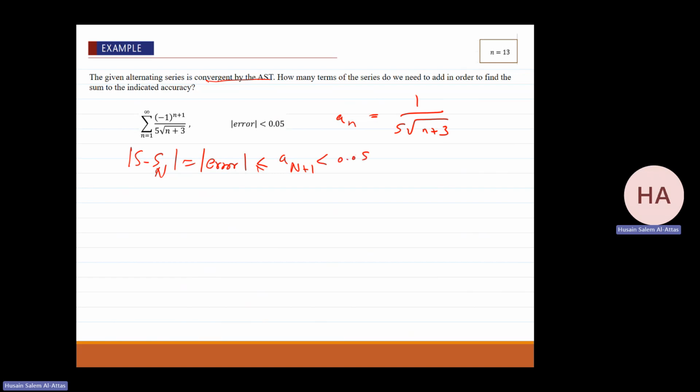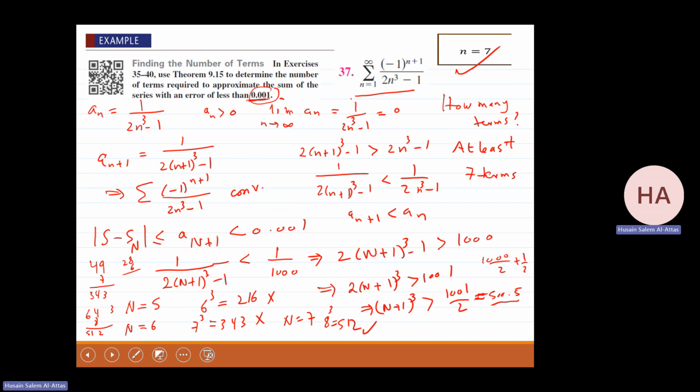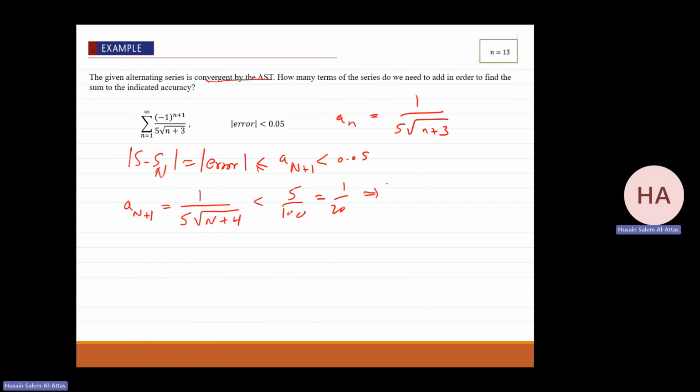What is a_(n+1)? a_(n+1) will be 1 over 5 square root of n plus 4, and they want this to be less than 5/100, which is 1/20. So I need 5 square root of n plus 4 to be greater than 20.